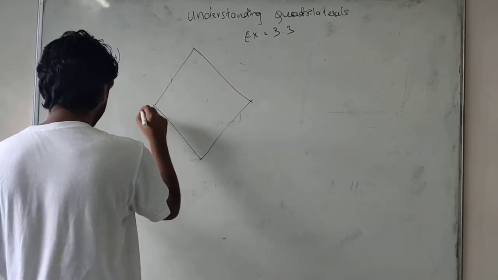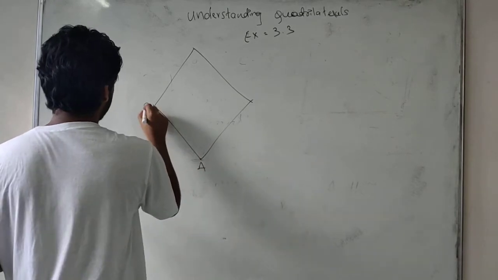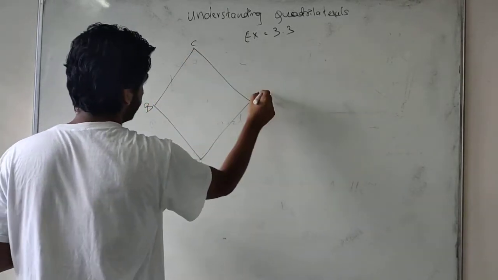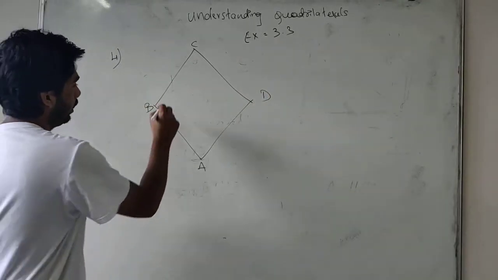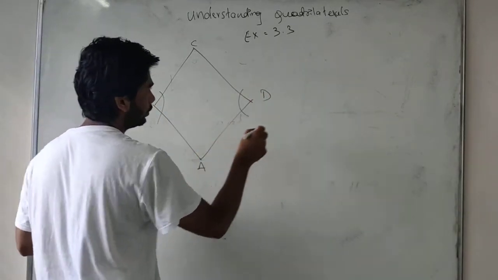I will name this figure A, B, C, D. I will say angles B and D are equal.